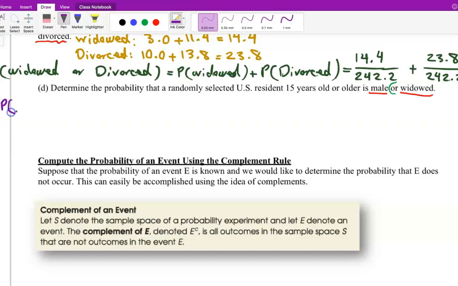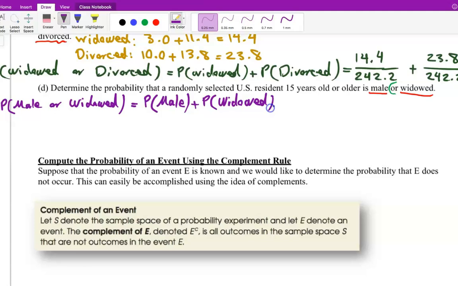And so the answer for this part, probability of male or female, is equal to, add each one, so probability of each one first. Then if there was an intersection, we should subtract.